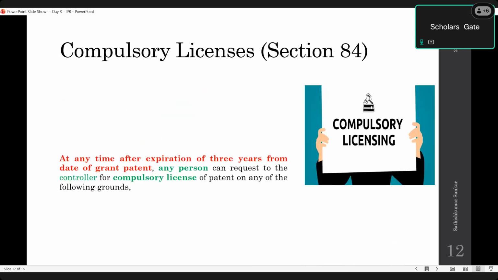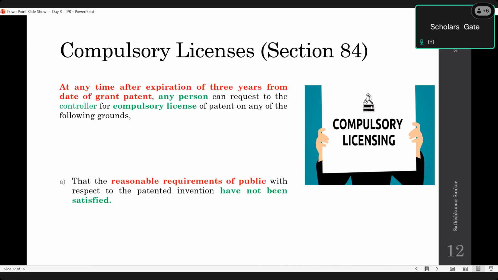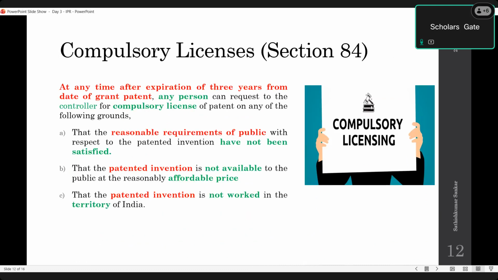Now, compulsory license. There are different categories, three different reasons for which a compulsory license is issued to someone. Under the Patents Act 1970, Section 84, it is clearly mentioned that at any time after the expiration of three years from the date of grant of the patent, any person can request the Controller for a compulsory license of the patent on any of the following grounds.